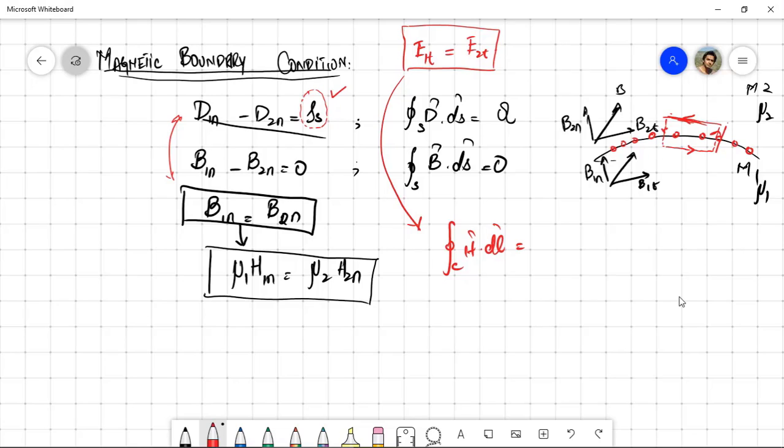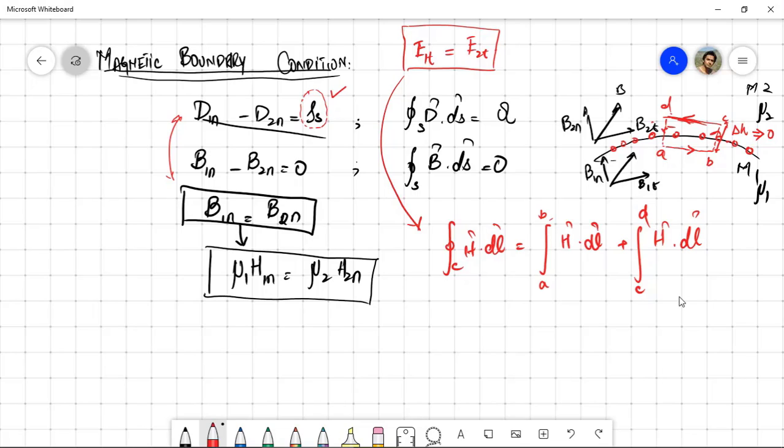But as we did back in the electric boundary condition, we will suppose that these two sides are very, very small, because we need to take into account the boundary as compared to these sides. As a result, the only two segments that will be of value to us will be a to b (this is a, this is b, this is c, this is d), and h dot dl plus c to d and h dot dl. We have ignored these two segments.